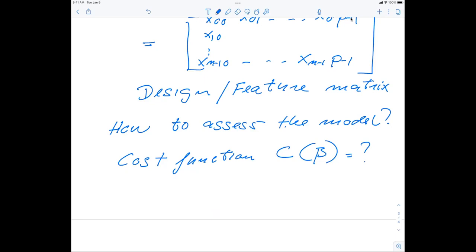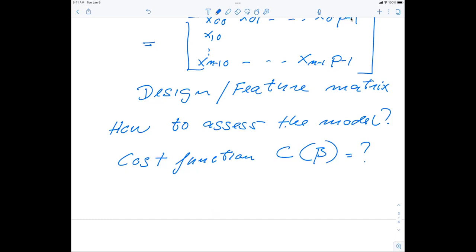Which ways could we set up a mathematical function to assess the quality of the model? What comes to your mind? The error. Absolute error? Yes, the absolute error is a very good choice.